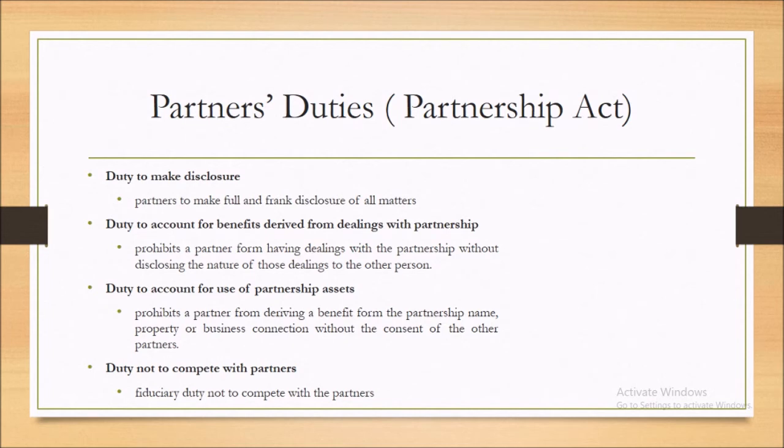That is your responsibility and duty to account for use of the partnership assets, right? You cannot misuse. And then the duty not to compete with partners, right? That is basically because there's a possibility of conflict of interests.